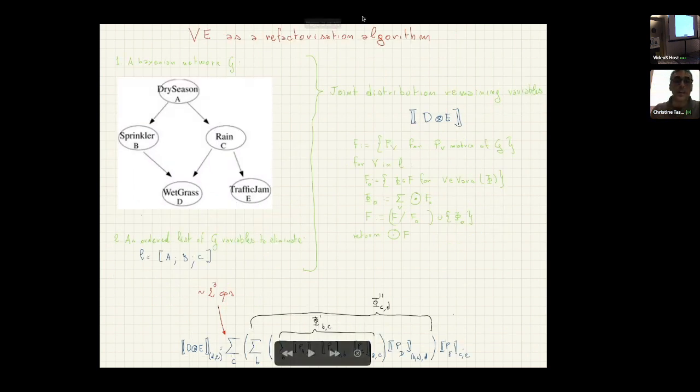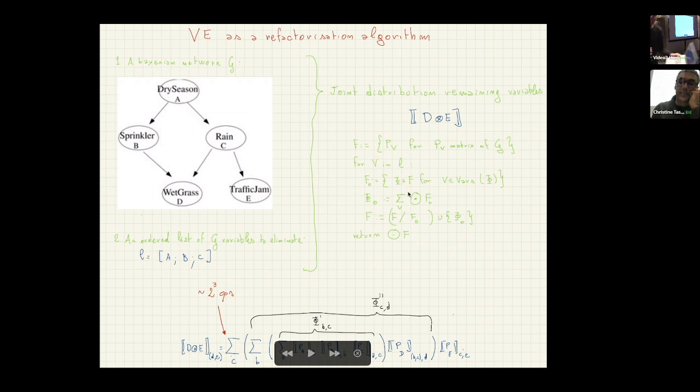So formally the algorithm is written here. It takes as an input a Bayesian network and a list of variables that we want to eliminate. So in our example, we want to eliminate A, B, C. We give them in a specific order: we want to eliminate first A, then B, and then C. And then it runs this loop that takes a variable.